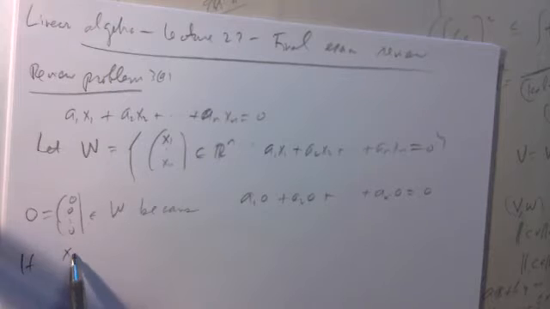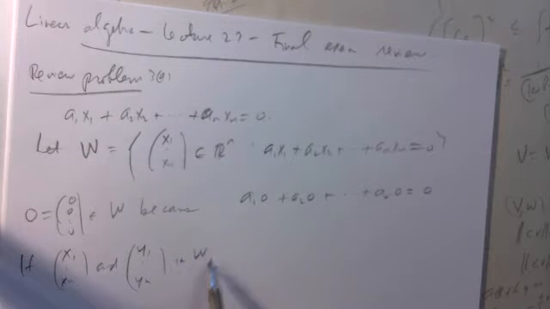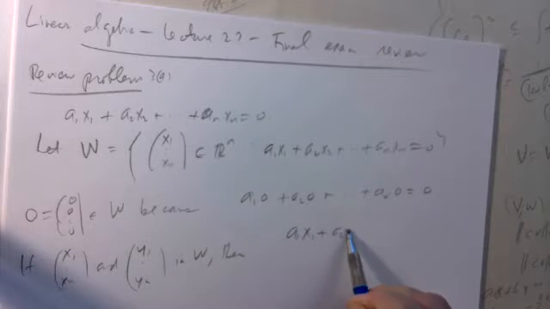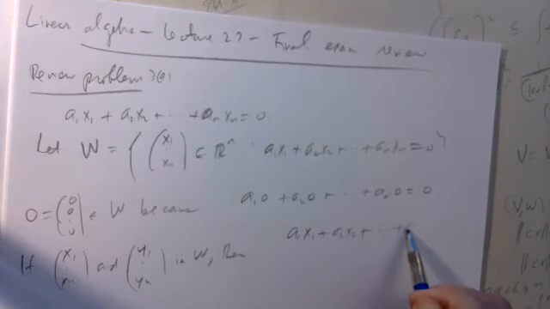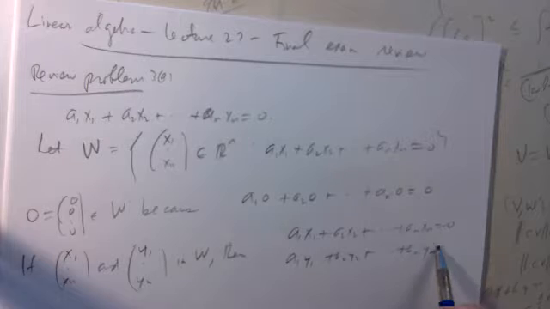And if you take two vectors, x1 up to xn and y1 up to yn, in W, then the x's are a solution of the equation. So a1 x1 plus a2 x2 up to an xn is 0. And a1 y1 plus a2 y2 up to an yn is 0, because each of these is a solution.